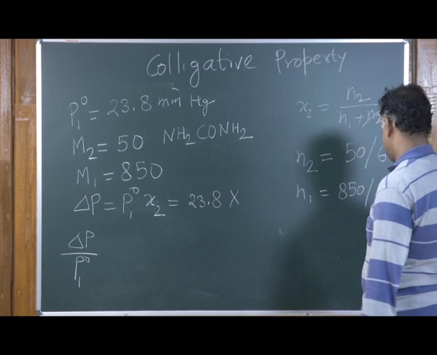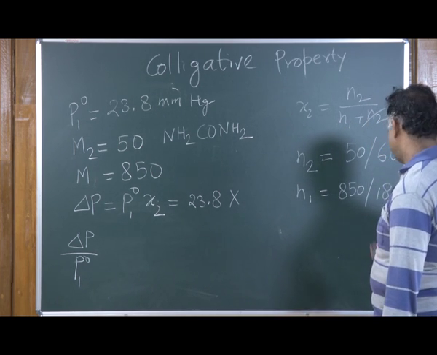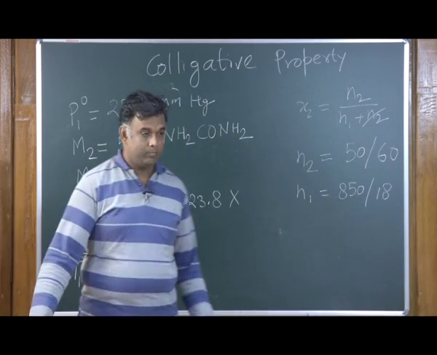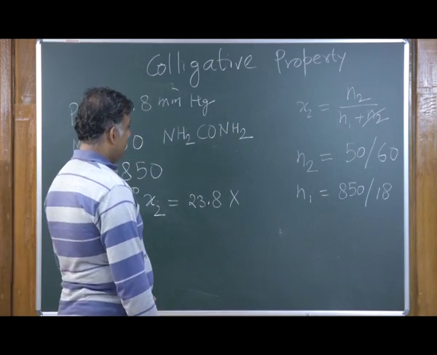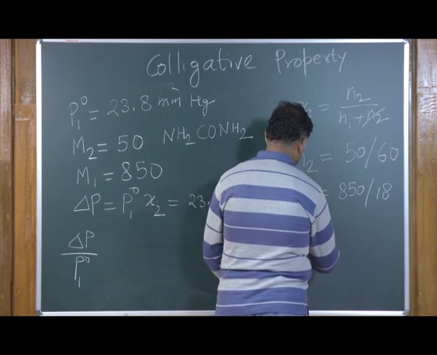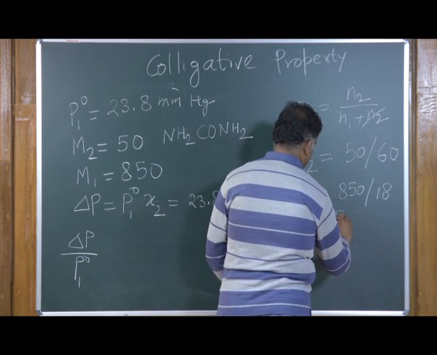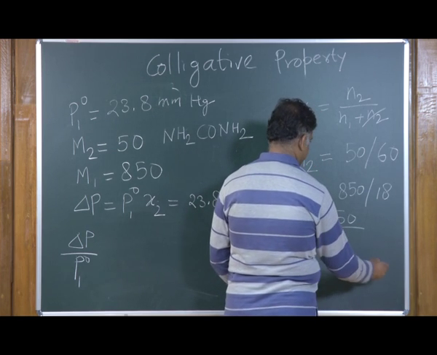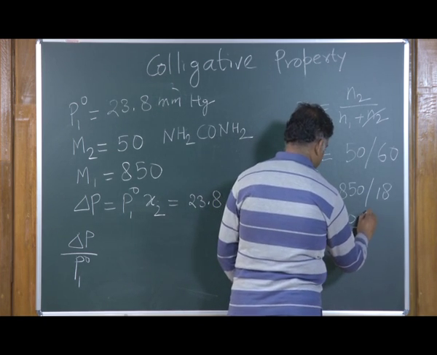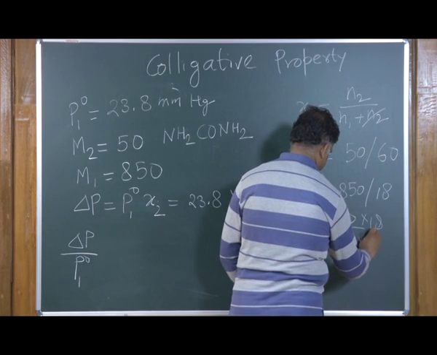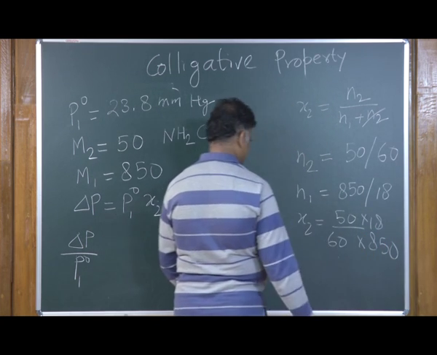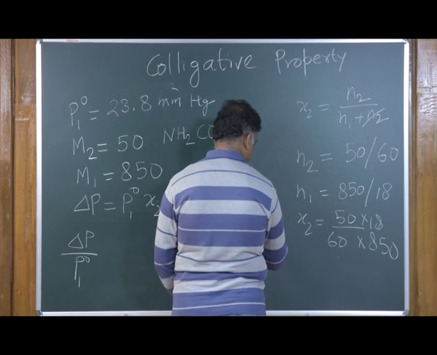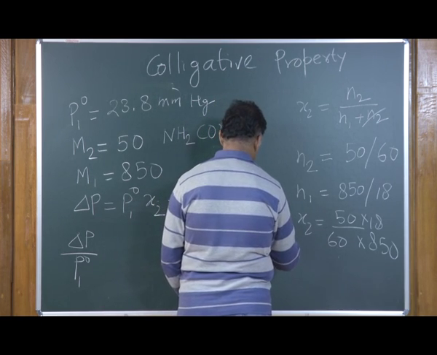So, this is approximately 2% error, which is acceptable, even though I do not have to ignore. Just for making the calculation simpler, we usually ignore that quantity, and so x 2 is 50 by 60 into 18 by 850. So, I put that quantity right here, 50 into 18 over 60 into 850.